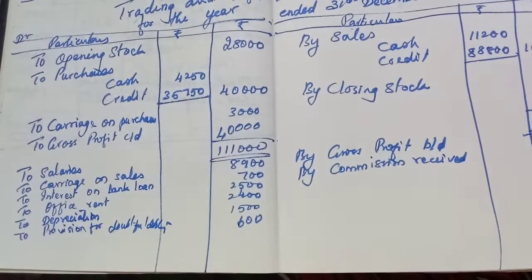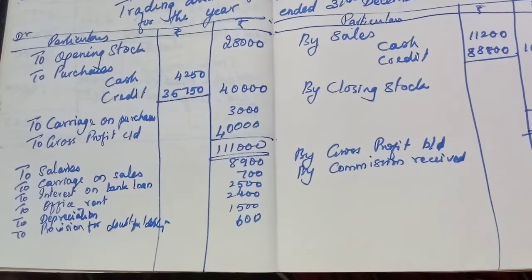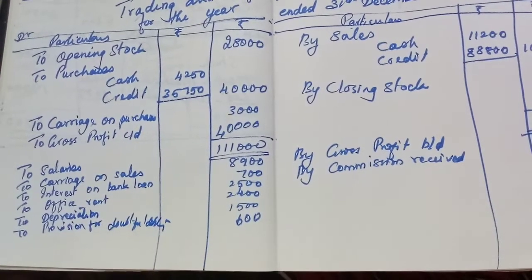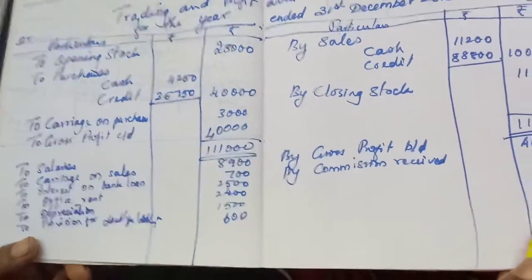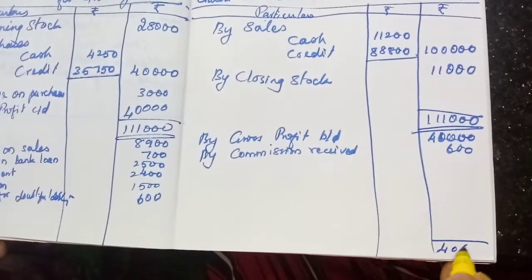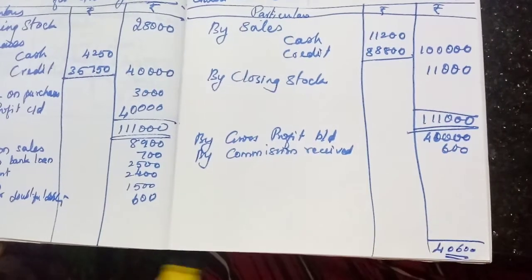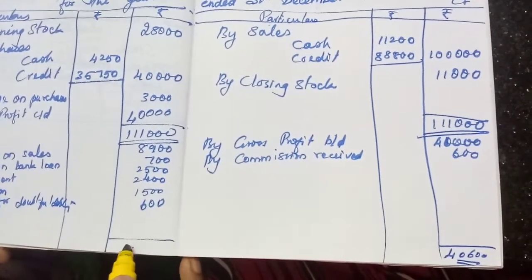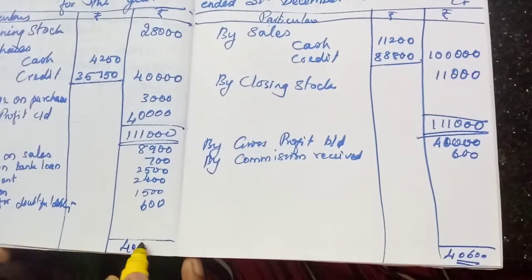Now we will calculate. I think all the items we have entered. Understand? So you have to calculate the total amount. 40,600. Write the same amount here also. 40,600.